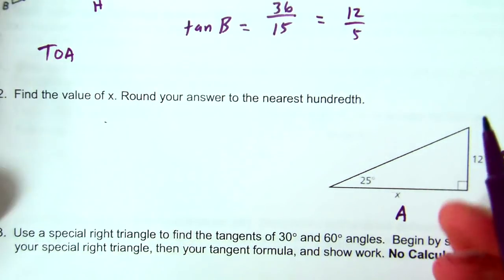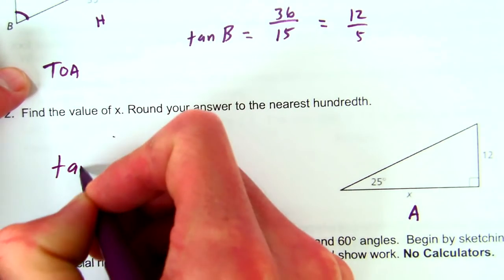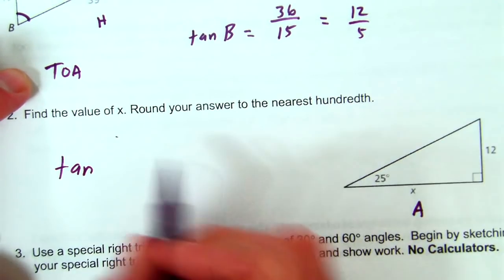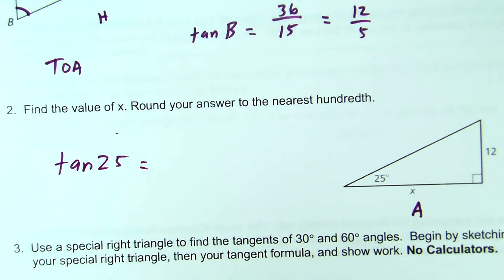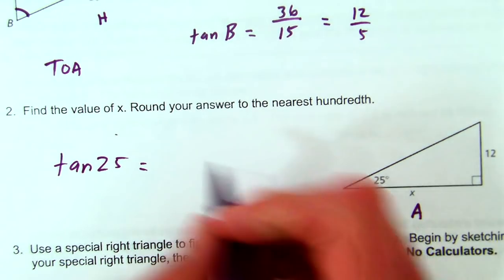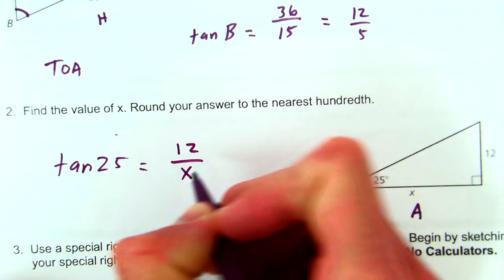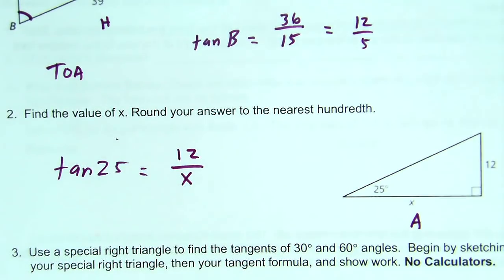So O and A. So the tangent of my angle, well, I actually know my angle this time. It's 25. So the tangent of a 25-degree angle is equal to opposite over adjacent, 12/x. So that's the ratio that you're going to set up. Tangent of your angle is equal to 12/x.